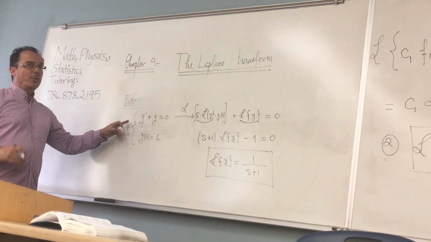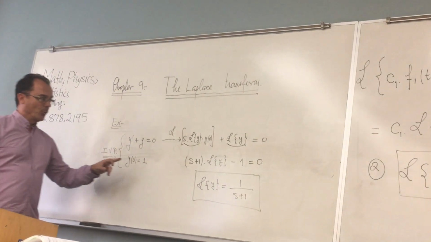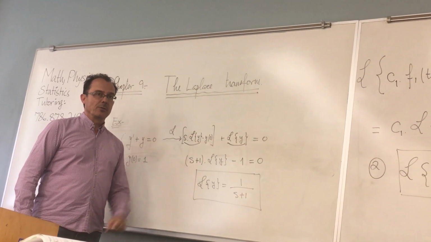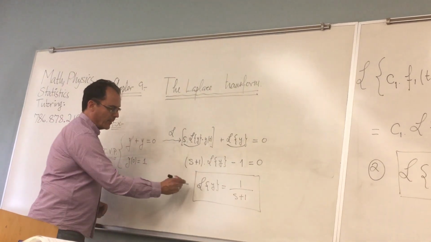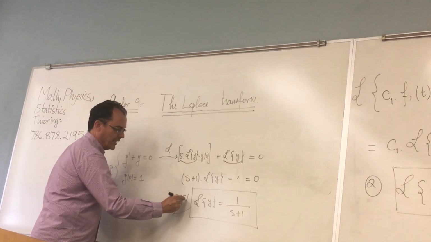We came up not with the solution. The solution would be y of t. We came up with the Laplace transform of the solution, of the unique solution. So I need to go backwards: from the Laplace transform of the solution, take the inverse of that, and find the solution.